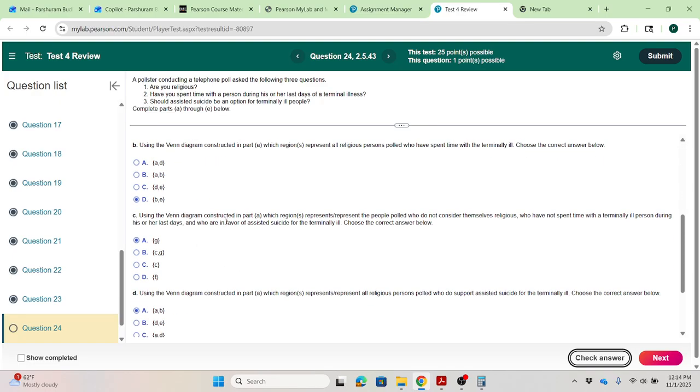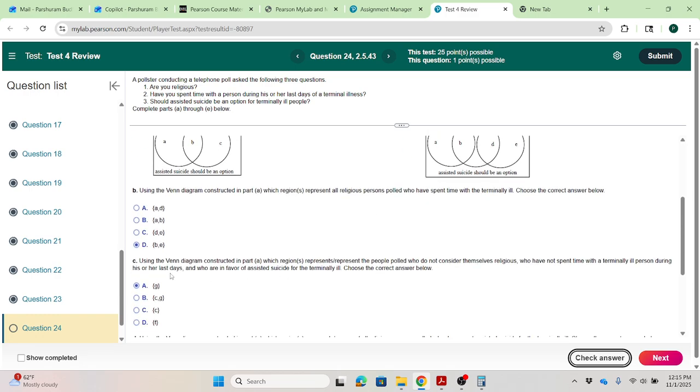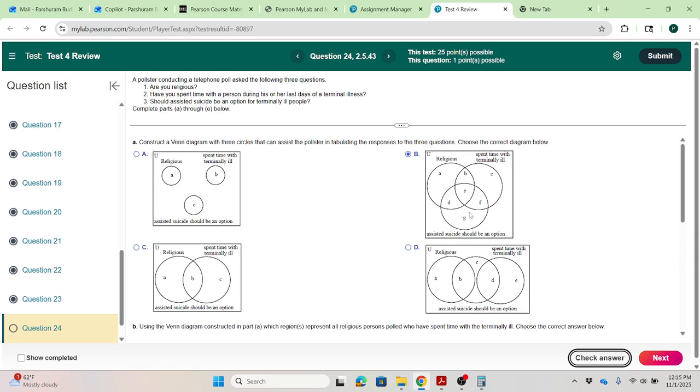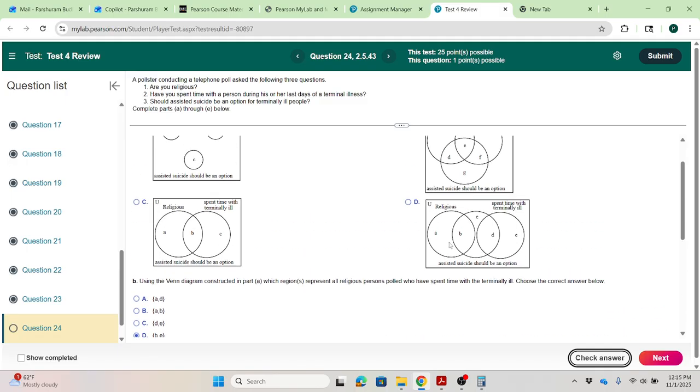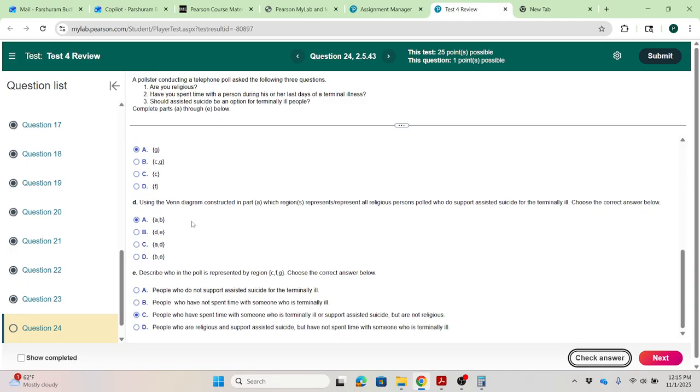Use the Venn diagram constructed in part A, which region represents the people polled who do not consider themselves religious, who have not spent time with the terminally ill person during his or her last days, and who are in favor of. So that means what is that? Do not consider themselves religious. So that means here that's supposed to be Z, and then not spend time. Okay, that's right.